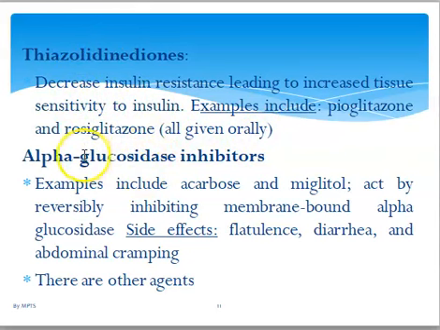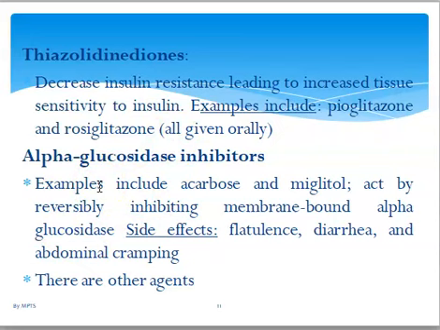We also have the alpha-glucosidase inhibitors. Examples are acarbose and miglitol, which act by reversibly inhibiting the membrane-bound alpha-glucosidase enzyme. Of course, this enzyme is required in the absorption of carbohydrates.